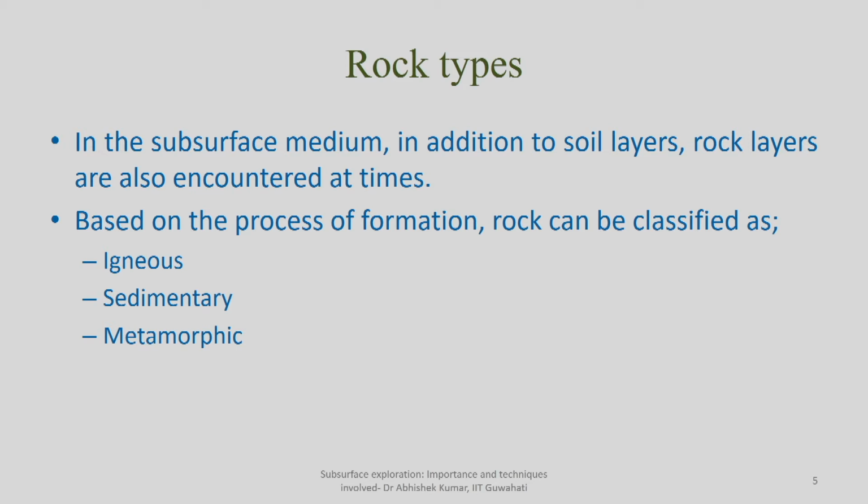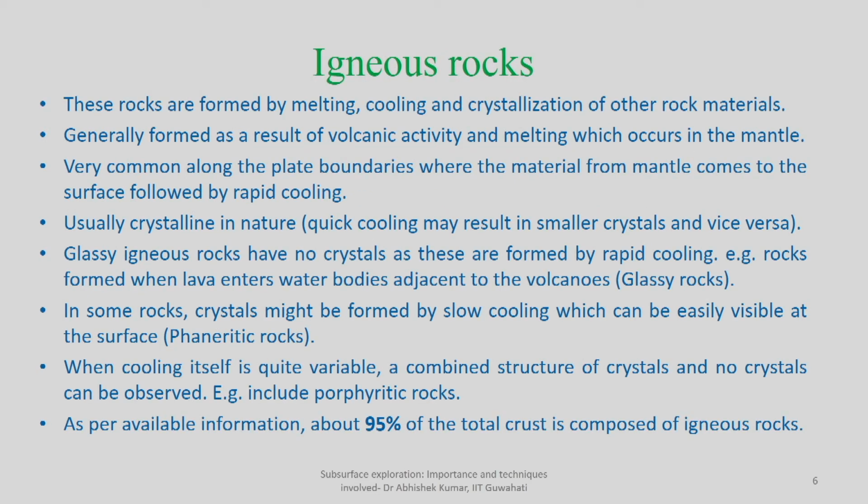Before going to how we go for sampling, we should know what the different kinds of rocks are. Based on the method of formation, rocks can be classified in 3 ways, which many of us know: igneous rock, sedimentary rock and metamorphic rock. How do you differentiate between each of those rocks?